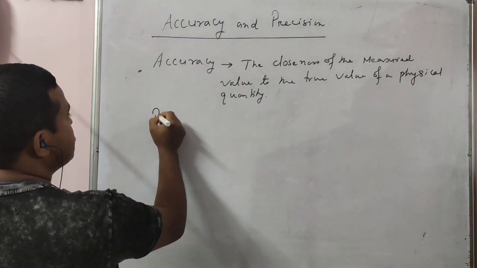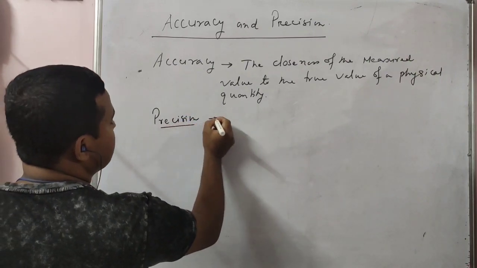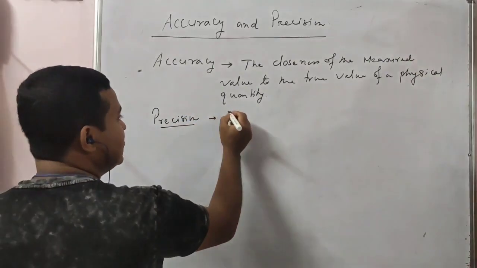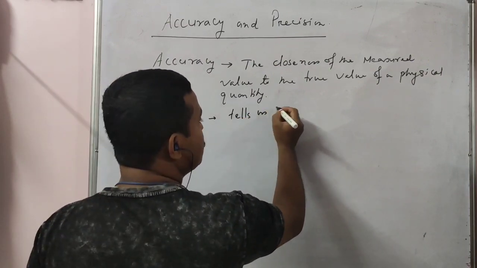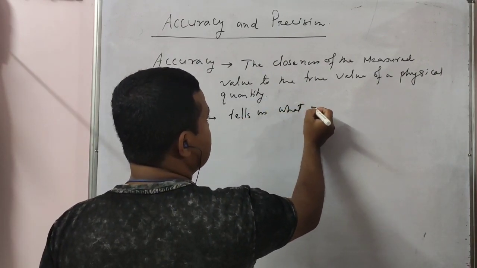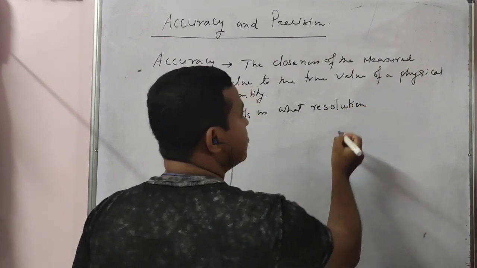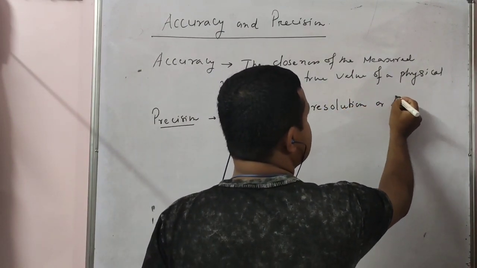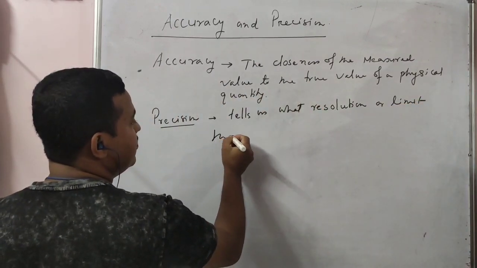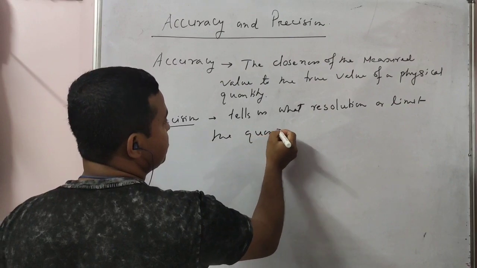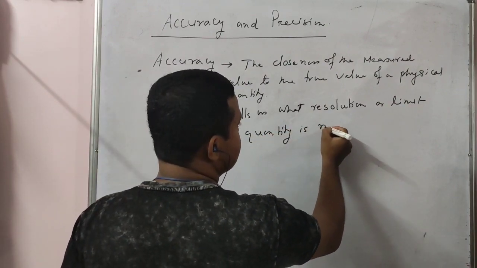And precision means what? Precision means, first of all, it tells us up to what resolution or limit the quantity is measured.